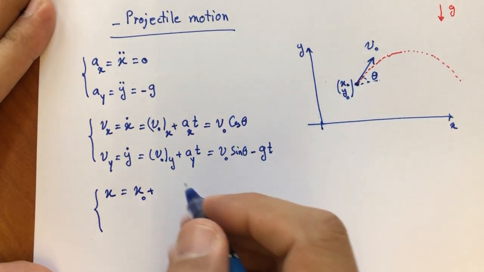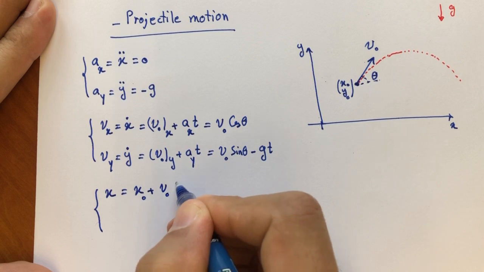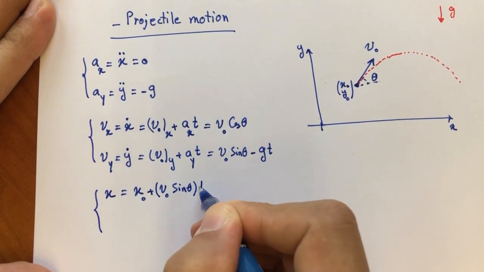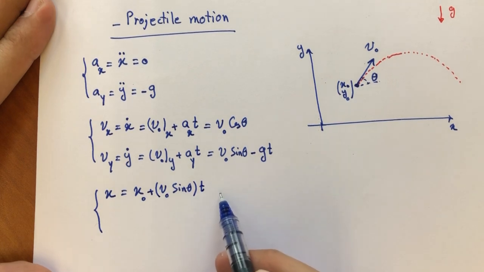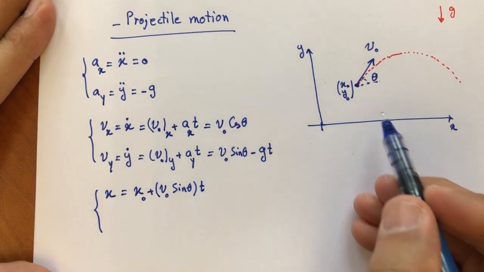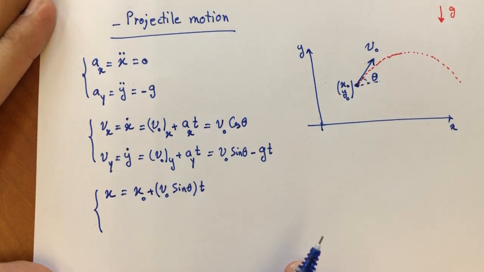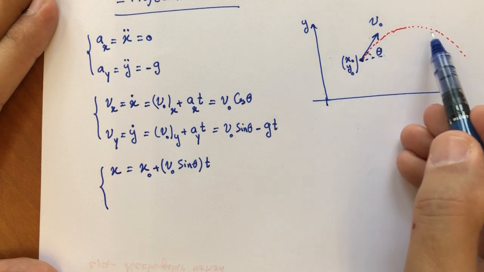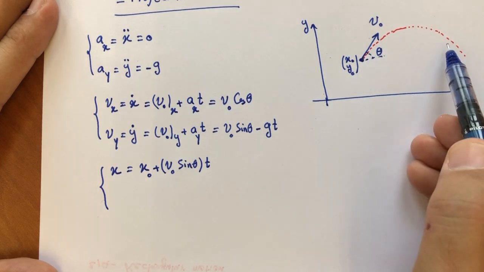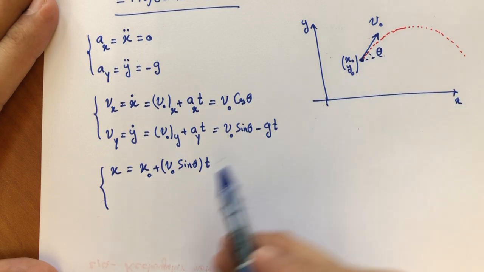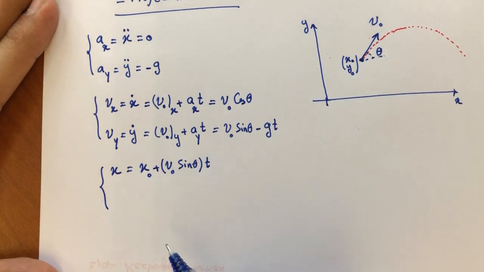Initial velocity in the x direction is v0 sine of theta times t plus 1/2 of acceleration in the x direction times t squared. And acceleration in the x direction is equal to 0. So using this equation, I'm going to be able to find the x location of this projectile at any moment using x naught and v0 and time.